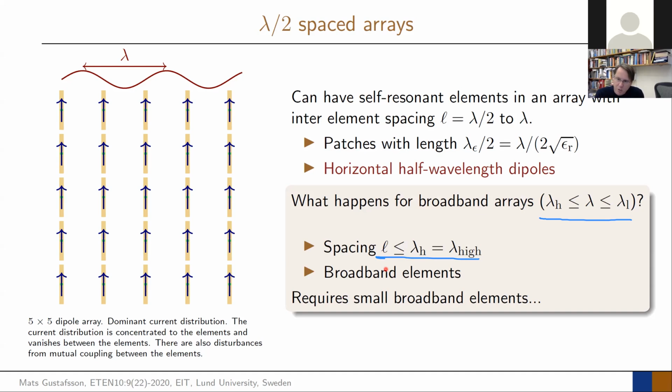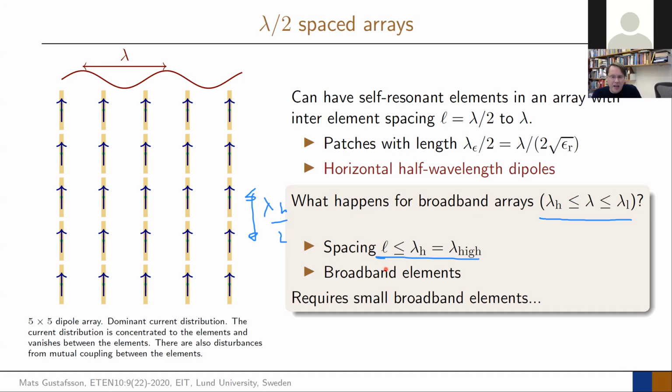That is the shortest wavelength you have. And that means the separation distance between these two is lambda high over 2 in that case. And that means that, of course, at the lower frequencies, the spacing is very short. I mean, it's the same physical distance, but a different electrical distance.